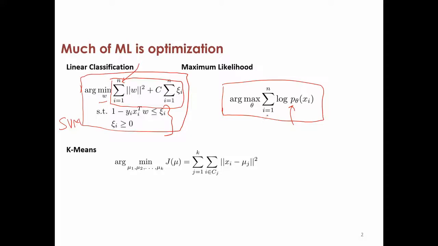Again there is a sum over the number of data points, and you have to find theta which maximizes this log likelihood function. This is the probability of the data. Here again the crux of the learning algorithm is solving this particular optimization problem.